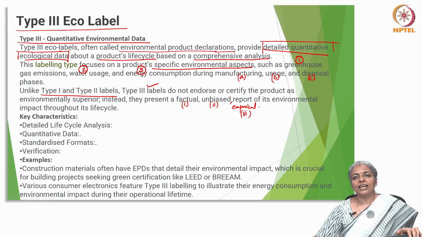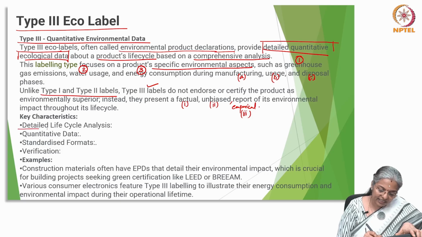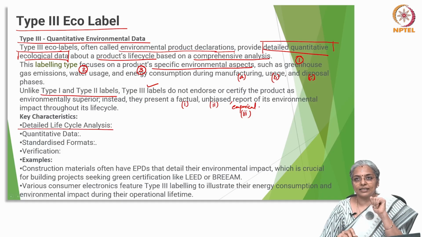So, what are the key characteristics of eco label type 3? The first is it gives a detailed life cycle analysis.